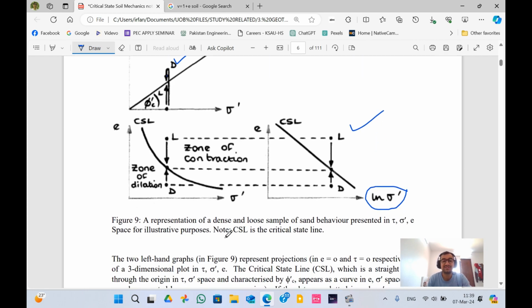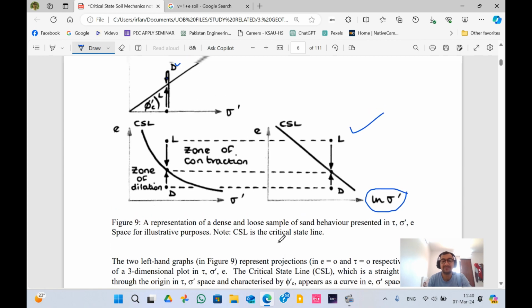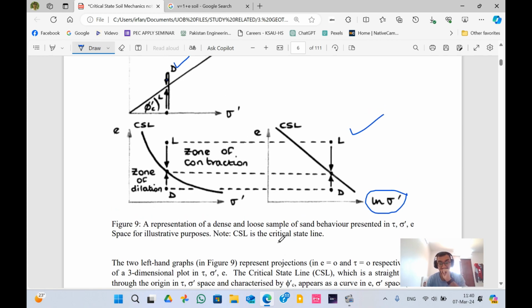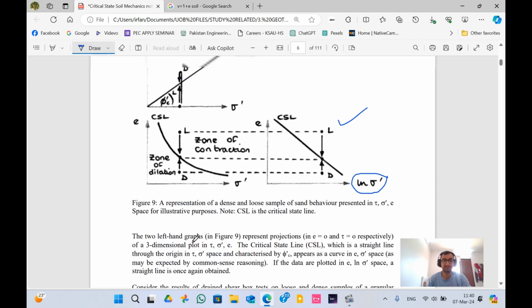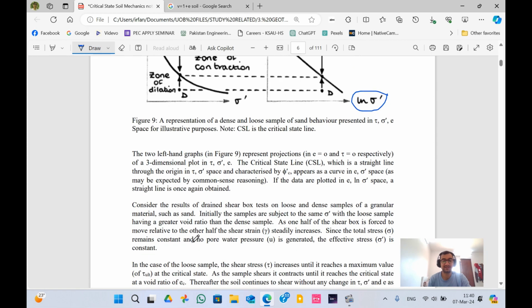A representation of dense and loose sample of sand behavior. Now this is basically sand. Okay, so it has explained this thing again.